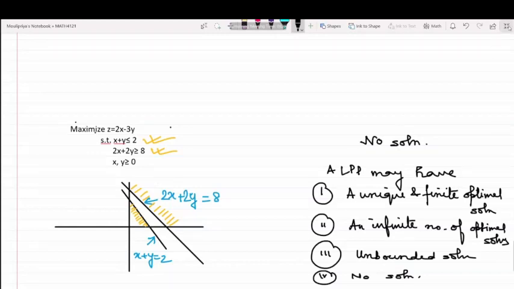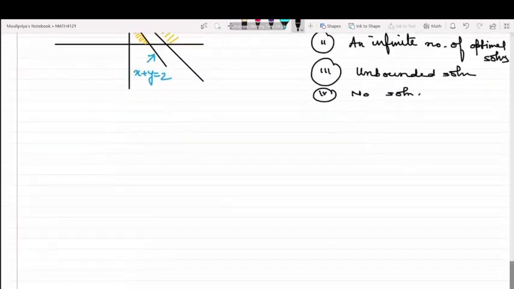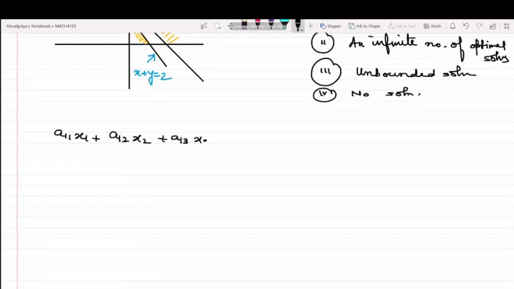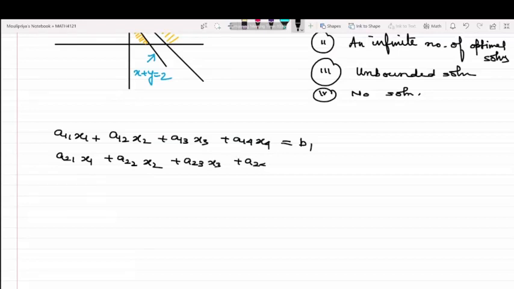Now, let us have a system of linear equations that look like a11x1 plus a12x2 plus a13x3 plus a14x4 equal to b1, a21x1 plus a22x2 plus a23x3 plus a24x4 equal to b2.